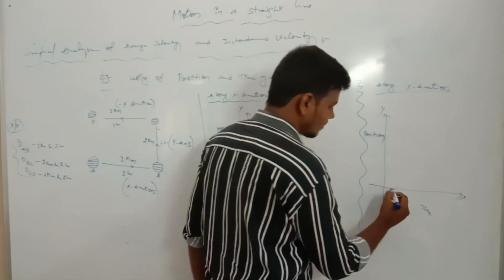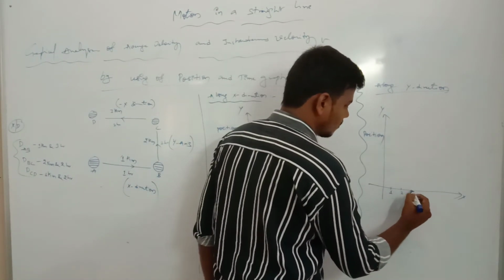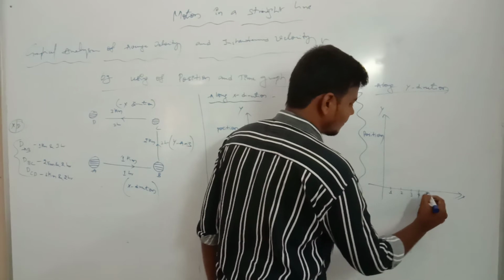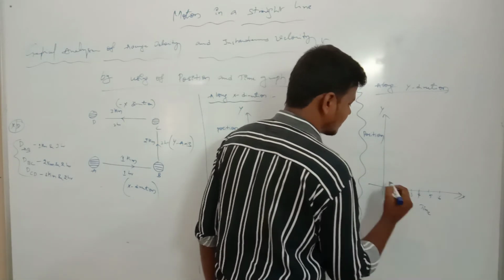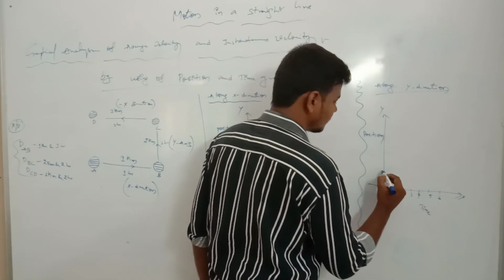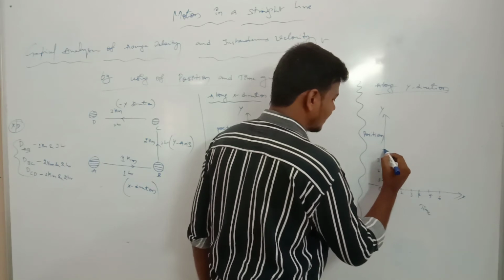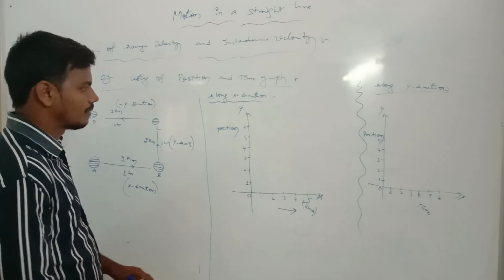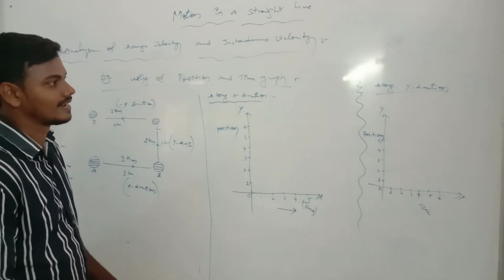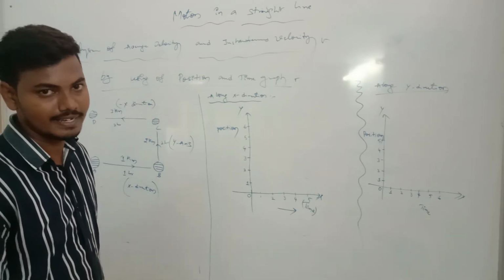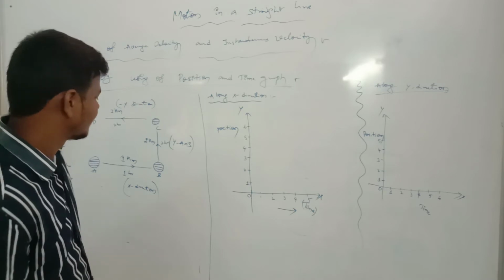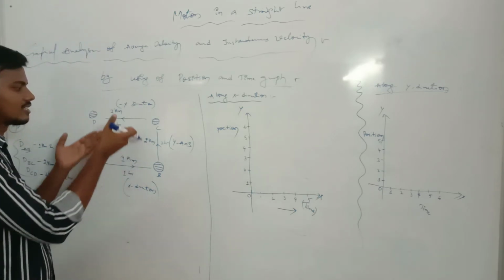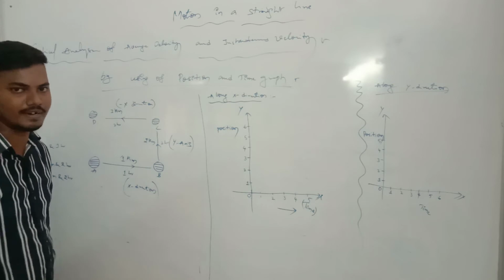This one also we are giving 1, 2, 3, 4, 5. Okay. Here we are observing it along x direction, it along y direction. This is the x direction property. This is the y direction property.